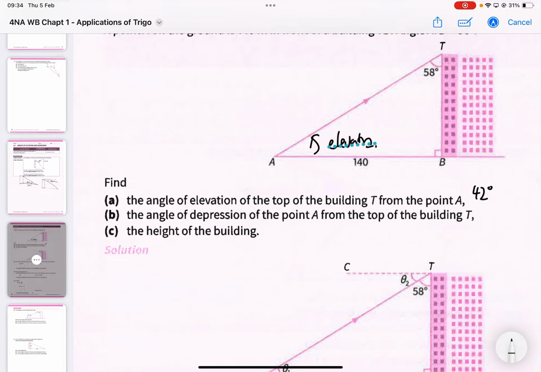Then the angle of depression of the point A from the top. So from the top until A, they want the angle of depression. But you must know that it is not talking about this 58. We are talking about measuring from the horizontal. So there is this horizontal line. Your depression is this angle from T, the horizontal going downwards. So they actually want you to find this angle. This downward is the angle of depression.